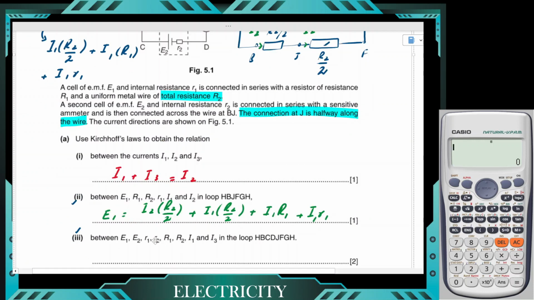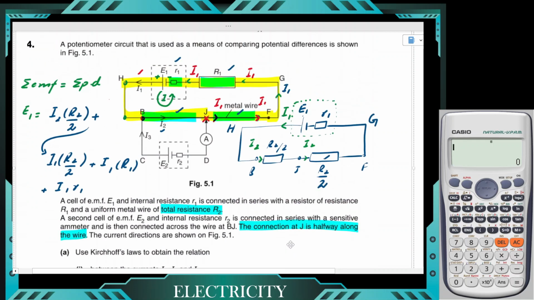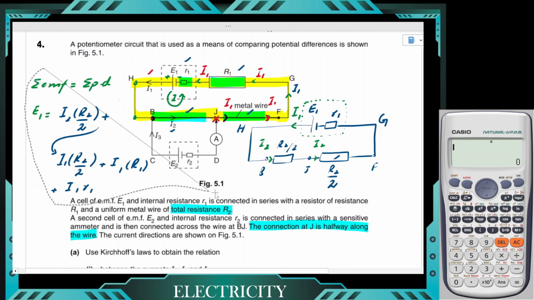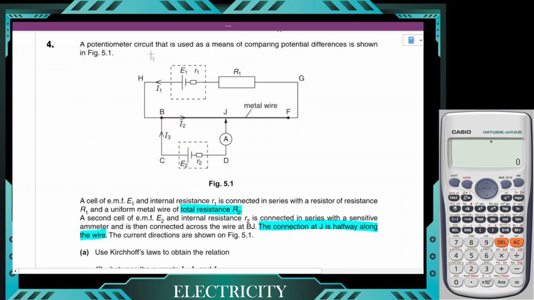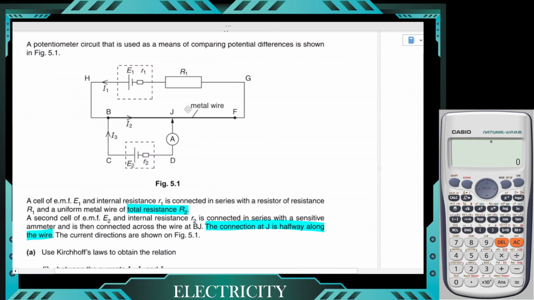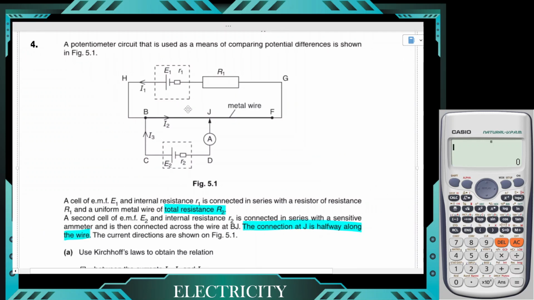So now let us consider the loop H, B, C, D, J, F, G, H. So I'm going to erase everything else from here so we can concentrate on the given loop. So we have to consider this loop. You have to start from H all the way back to H, but we gotta go from the lower side.